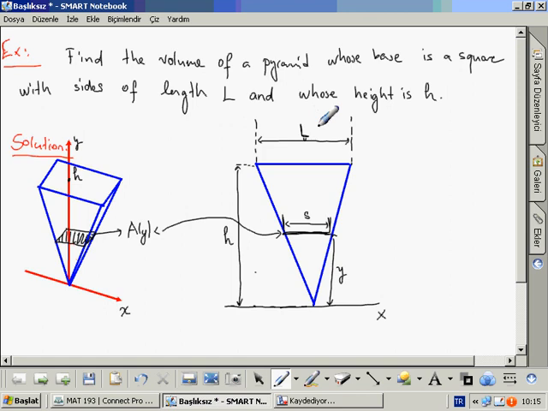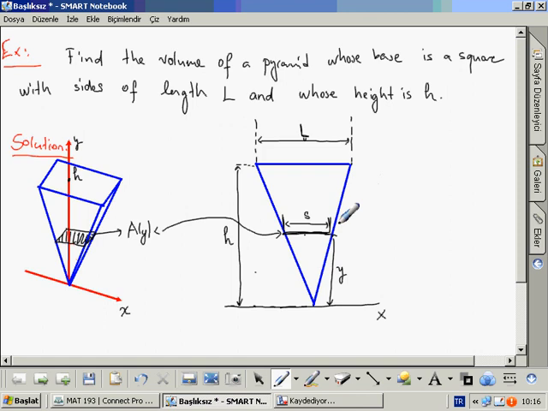What can we say about it? You can see here the cross-sectional area will be a function of y, and it will also be a square with sides of length s. The area of the square is easy, but we will need to get the length of the side in terms of y.